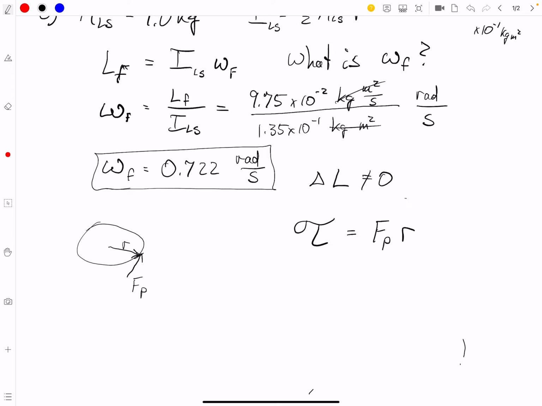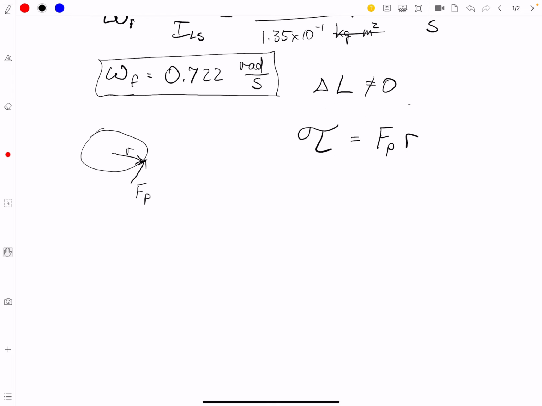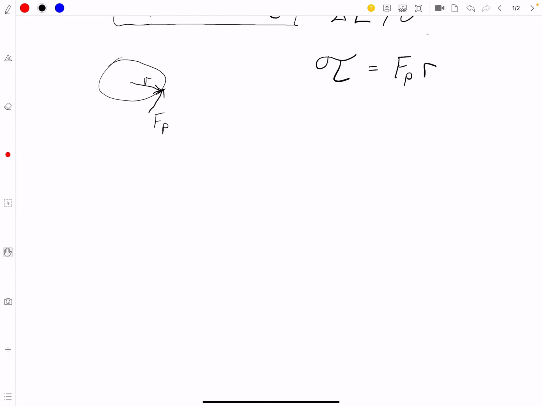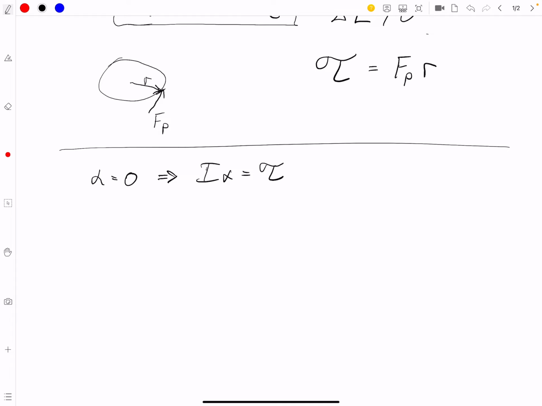But we are going to show conservation of angular momentum now. So let's forget all about our Lazy Susan for a second. We have to have alpha equal to 0, which implies I alpha equals torque equals 0.